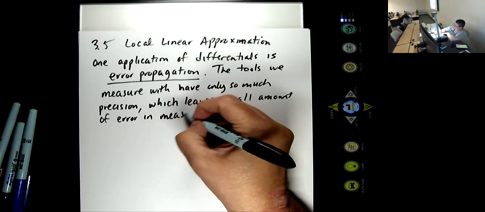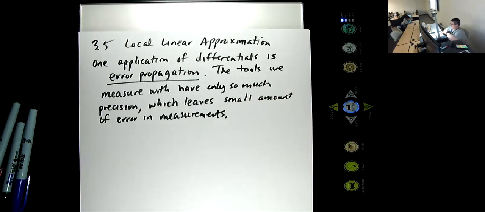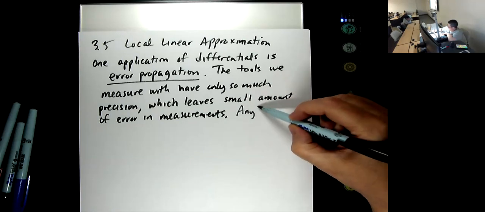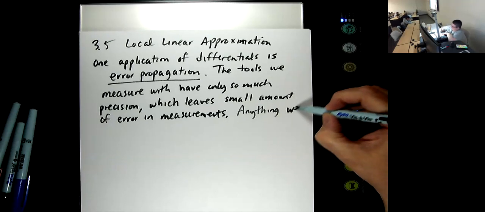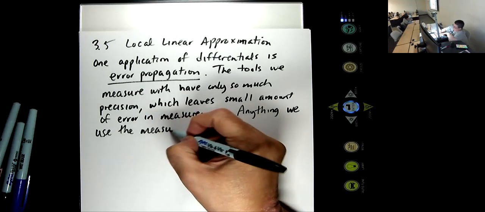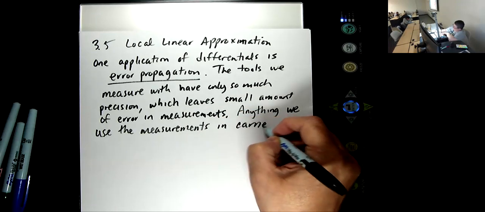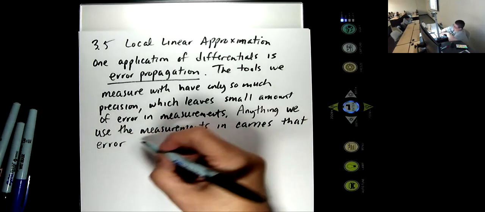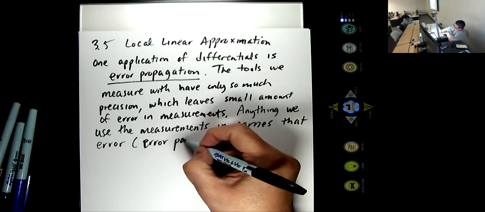In measurements, anything we use those measurements in carries that error forward. It's called error propagation. It propagates forward.